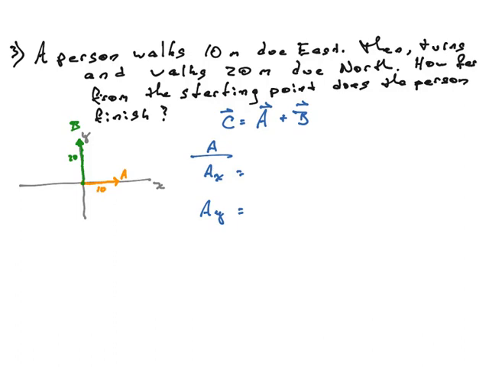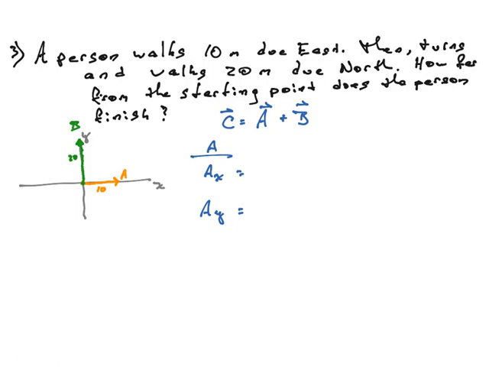Well, this actually makes it easier to do because we know that when we're asking what are the components, what it's actually asking is how much of vector A points in the x direction, or how much of vector A points in the y direction. That's really what you're asking when you want to find the components. Well, if you look at vector A, the whole thing is pointing in the x direction.